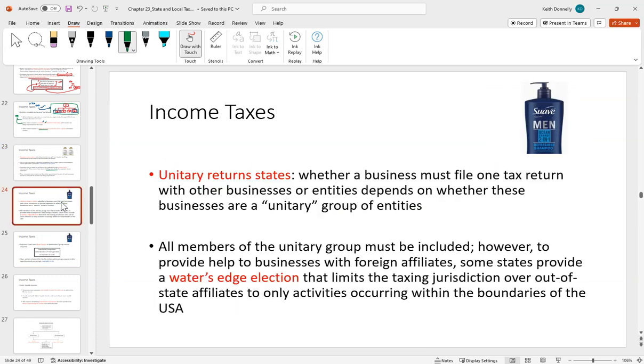So we said here that this idea of state level separate returns, states are moving away from it. They're going from separate returns to a unitary return. And what was happening?